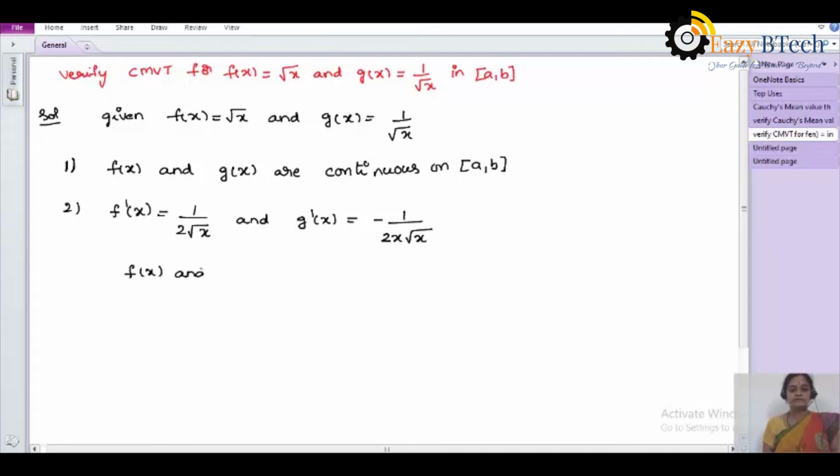F of x and g of x are derivable on the open interval a comma b. Third condition, g dash of x is minus 1 by 2x root x, which is not equal to 0.